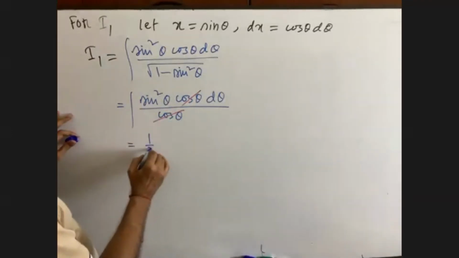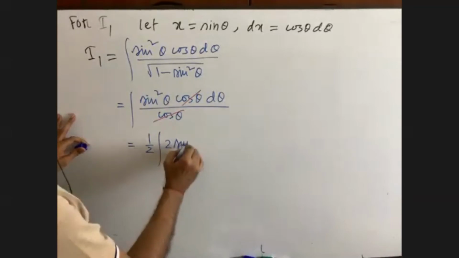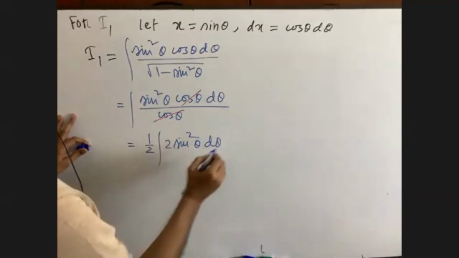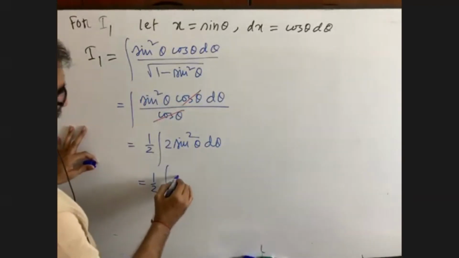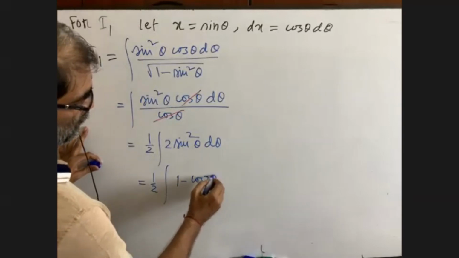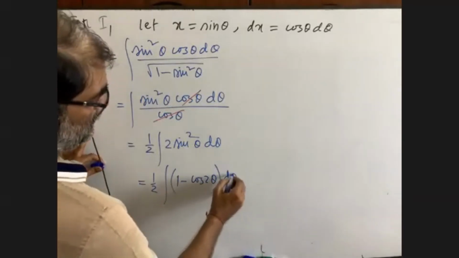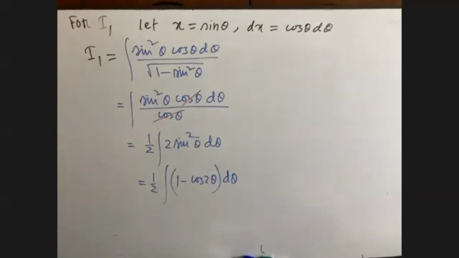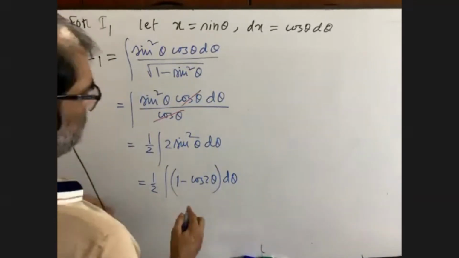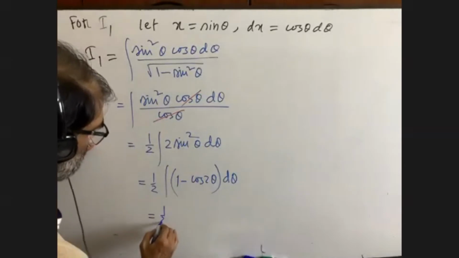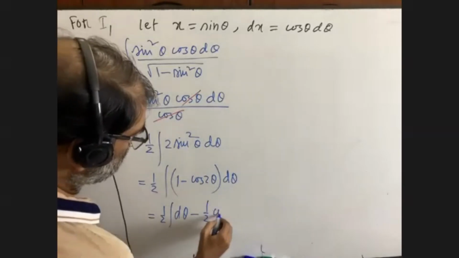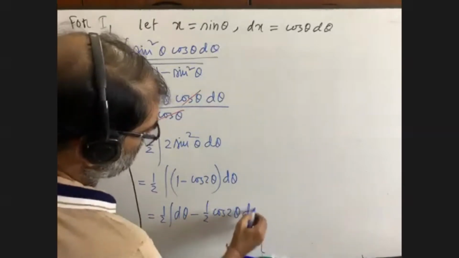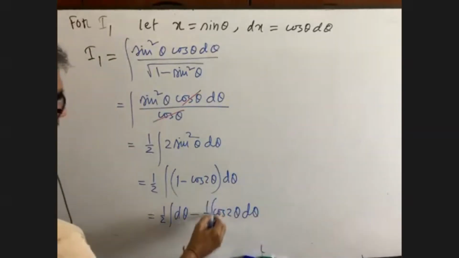And we can write it half integral of sine square theta d theta. That means half, 2 sine square theta means what? 1 minus cos 2 theta d theta. Which can be written as half d theta minus half cos 2 theta, integration sign.